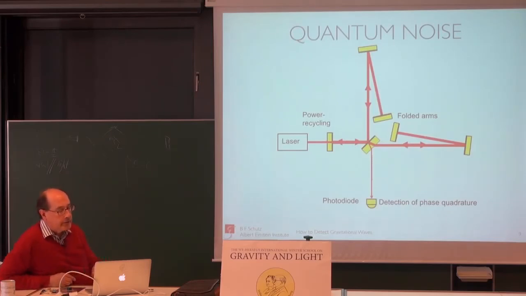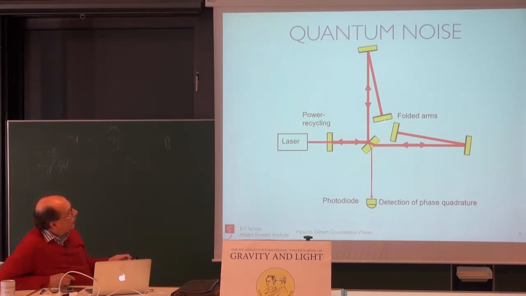Now I have only a couple more things to do. Quantum noise, for example, is what I talked about. This is an introduction to how we do squeezing. Here's the laser interferometer, the same diagram as you've seen. This is actually what GEO looks like. This is a diagram of GEO, which is where we introduced squeezing.